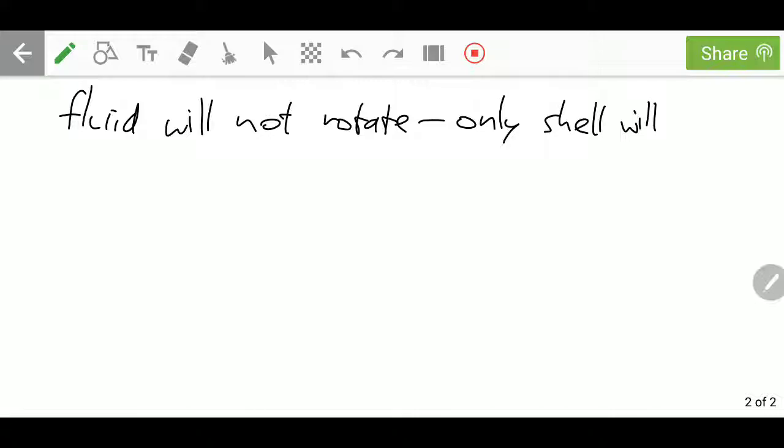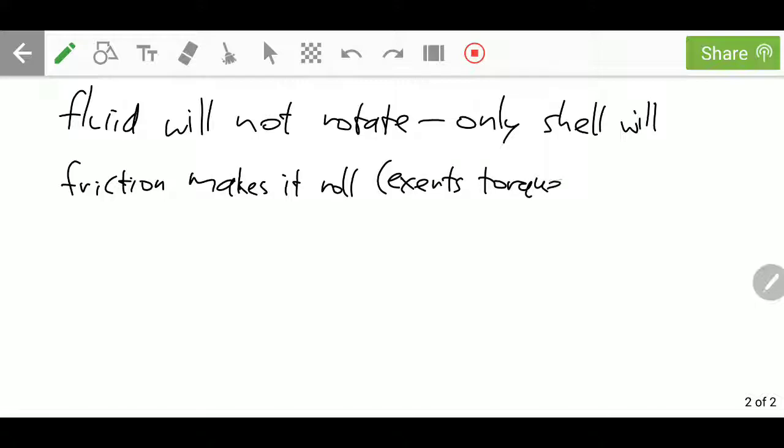Basically, when you have an object rolling down an incline, the friction makes it roll because that's what exerts the torque about the center of mass. But for the frictionless fluid, there's nothing to exert that torque, and so it will not rotate.